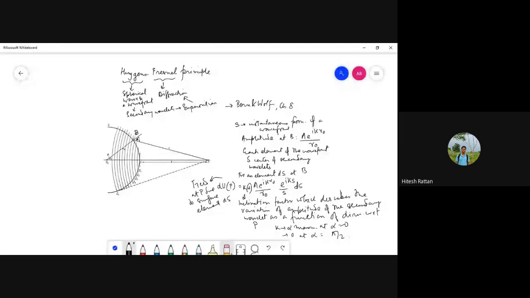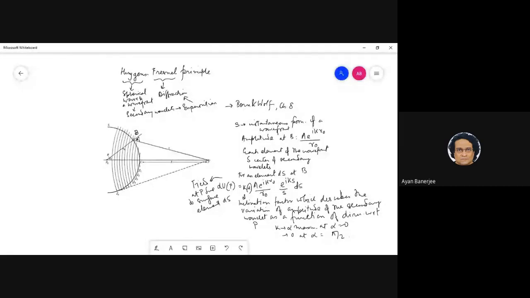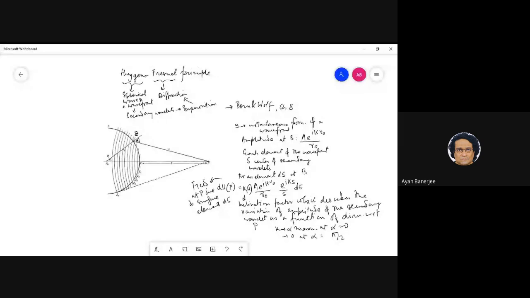Okay, so ds is on this wavefront. Sir, zoom in once. So ds is just a surface element on this thing, basically a surface element at S.